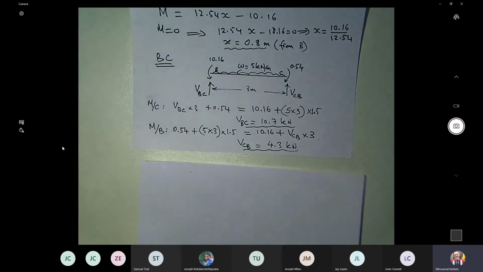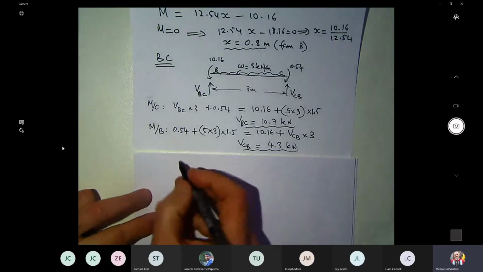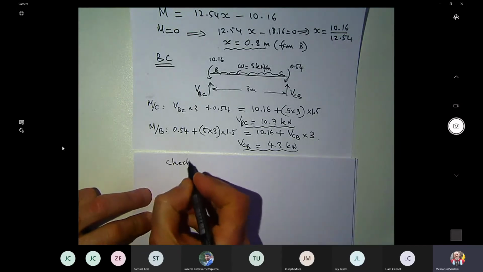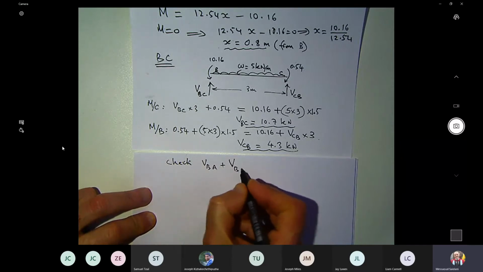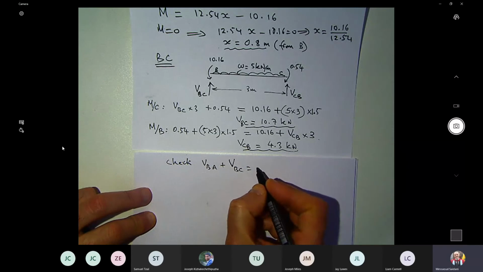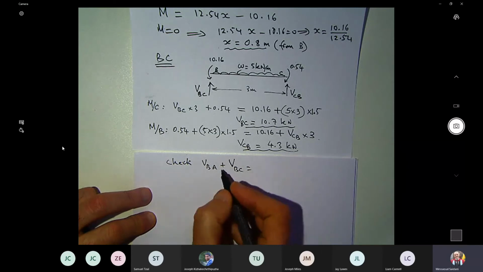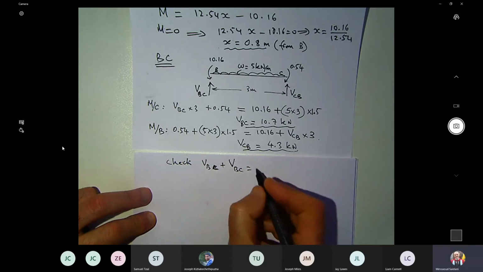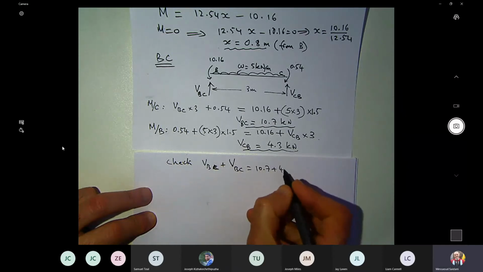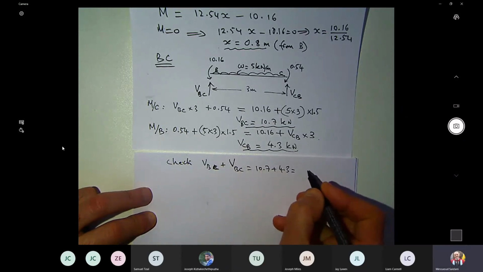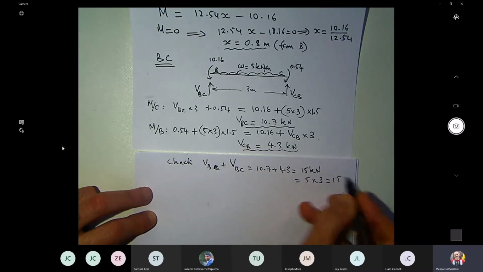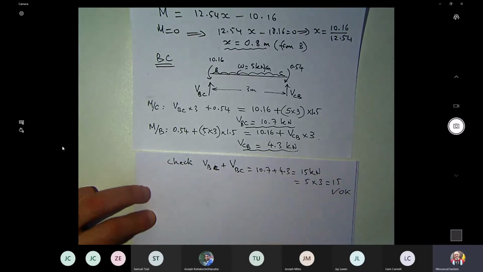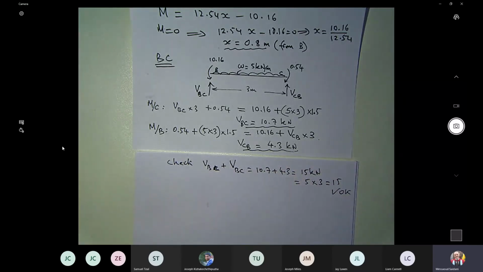Is that okay? So how do we know it's right? Well, we check. So we check VBC plus VCB. We have 10.7 plus 4.3 is 15 kilonewtons, which is equal to 5 times 3. So therefore, it's correct, definitely.